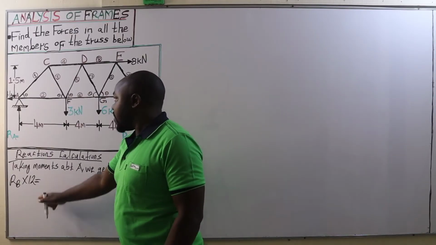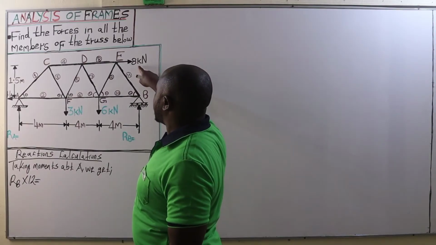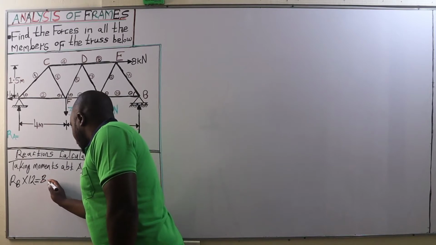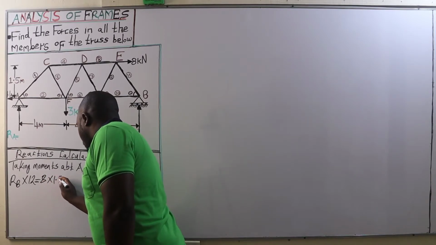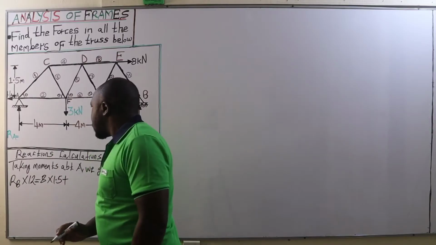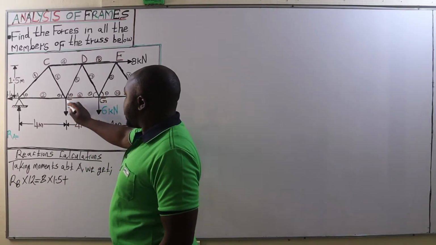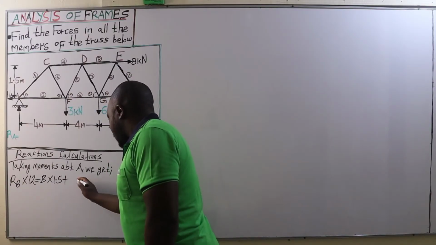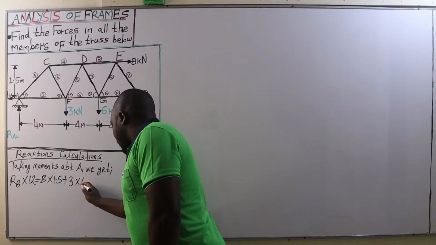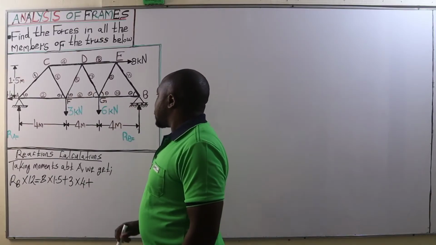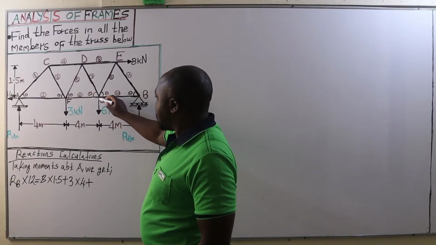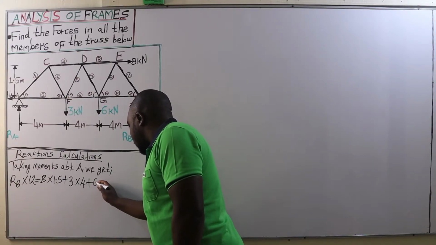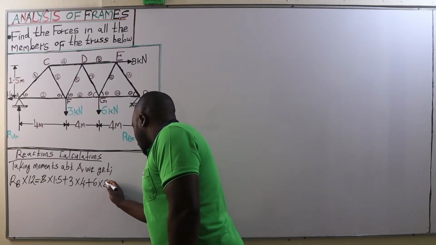This is equal to the following clockwise moments: 8 times 1.5 meters, plus, at F we have a load of 3 kilonewtons, 3 times 4, plus 6, the load at G, multiplied by 8.